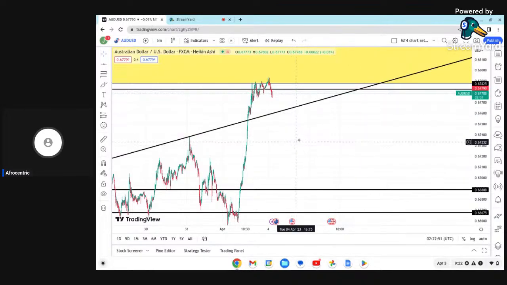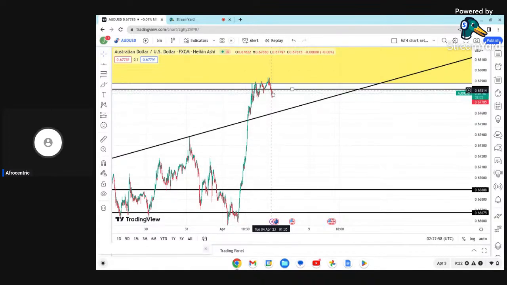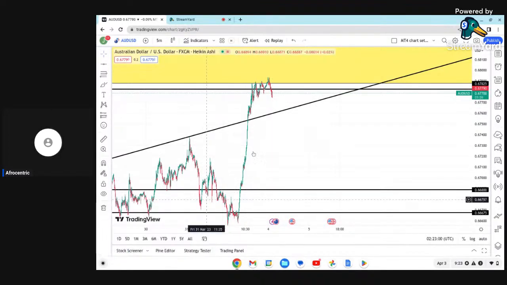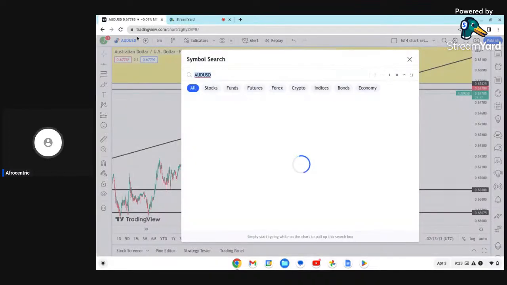So yeah, 67825 is a good limit order for AUDUSD for the sell. So you have the order price for AUDUSD at 67825. Let me go back over that just in case somebody missed it.